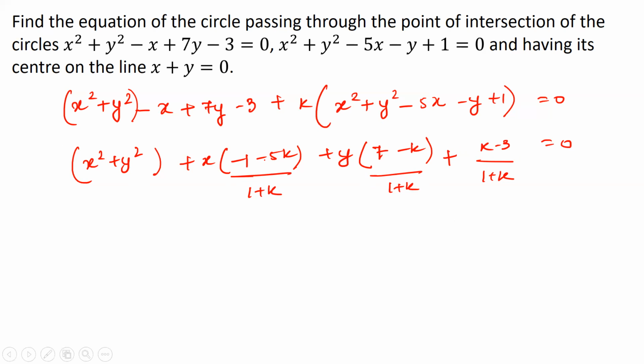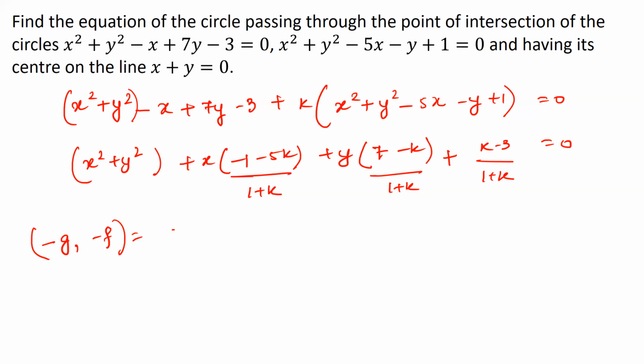Now we know that we need to find out its center. For the center, I know that my center is given by minus g comma minus f, and this part represents 2g and this part represents 2f. So what will be my g? g will be this thing divided by 2. So my center is minus g comma minus f, which is negative of this divided by 2, meaning all the signs will be changed.